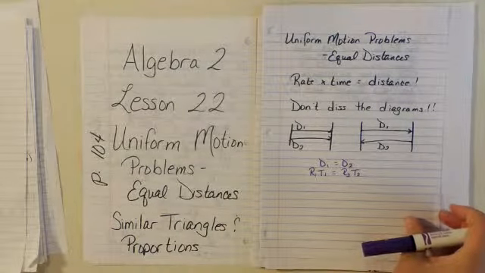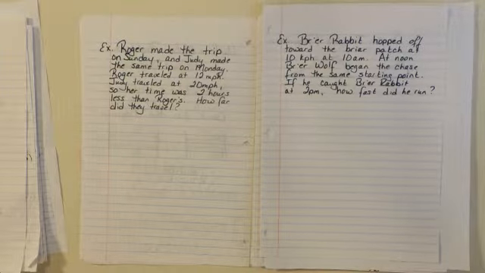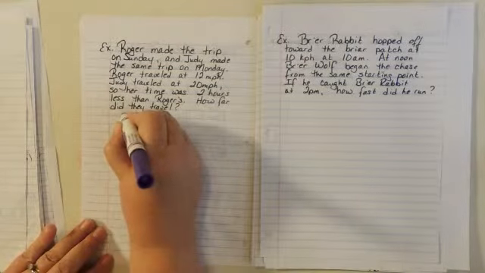So here are some examples. Roger made the trip on Sunday, and Judy made the same trip on Monday. Roger traveled at 12 miles per hour. Judy traveled at 20 miles per hour, and so her time was 2 hours less than Roger's. How far did they travel? So they took the same trip, which means they traveled the same distance.